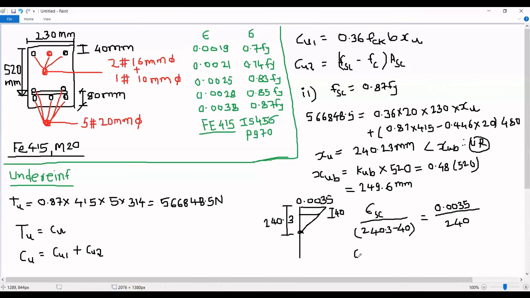Therefore, epsilon SC turns out to be 0.0029.